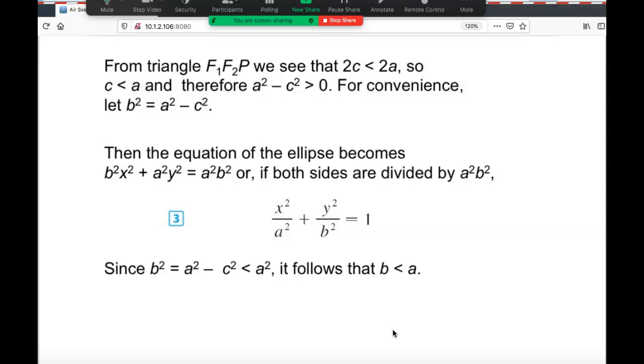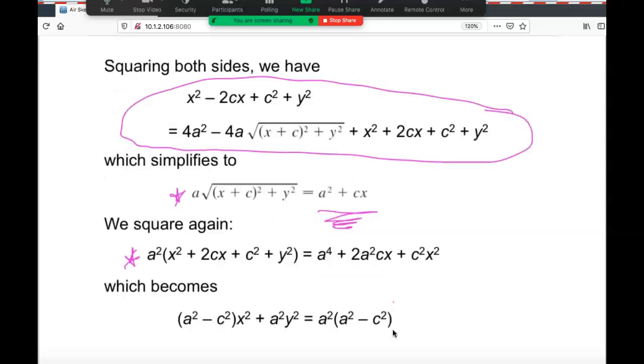Let me actually write out what that would look like. If I divide out a squared minus c squared, I end up with x squared plus y squared over a squared minus c squared, over a squared, equals a squared.